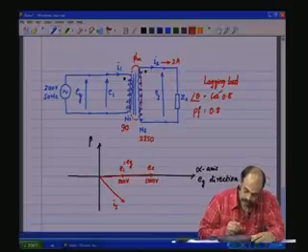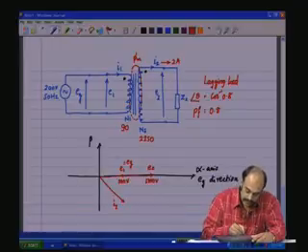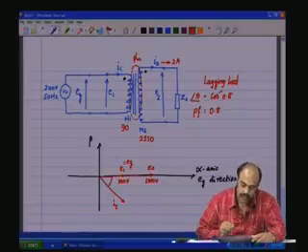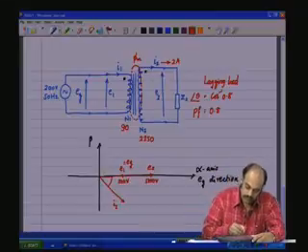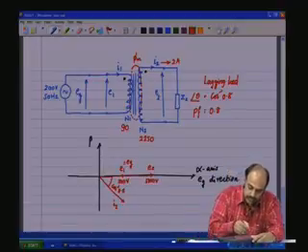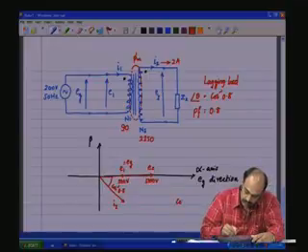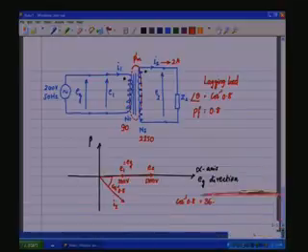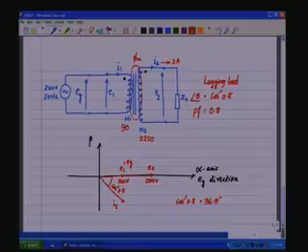This is I2, this is lagging E2 by an angle which is cos inverse of 0.8. So, cos inverse of 0.8 is 36.9 degrees. So, therefore, this angle is 36.9 degrees.